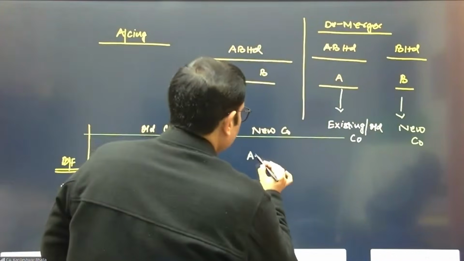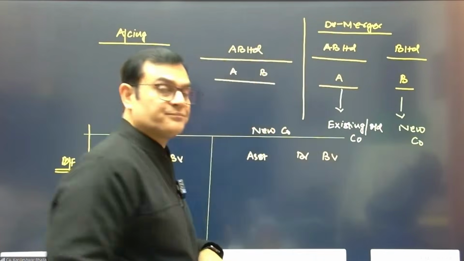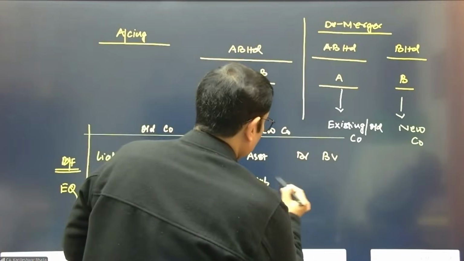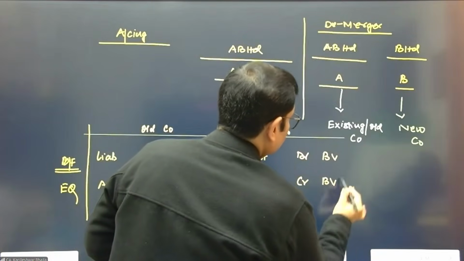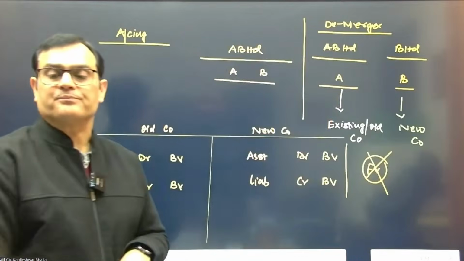The new company will capture the assets at book value, not fair value. He will capture the liabilities also at book value. So in a common control, the concept of fair value is not applicable.